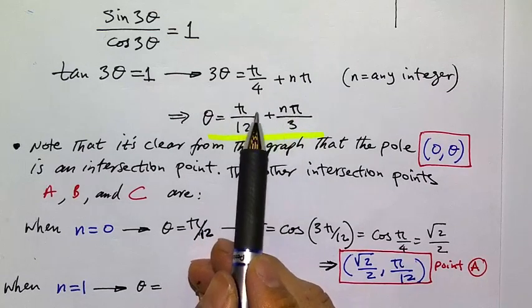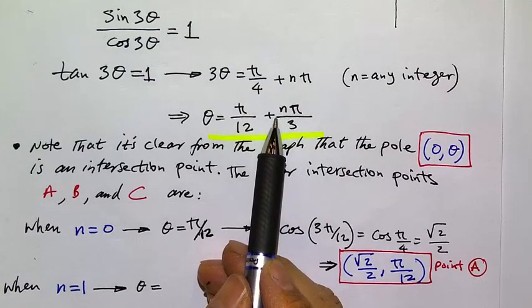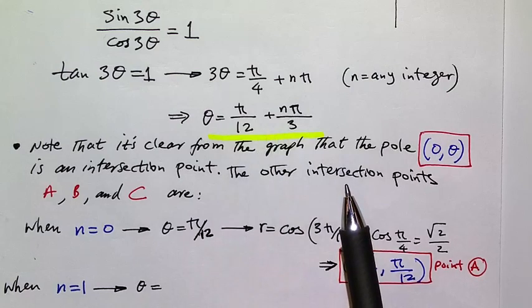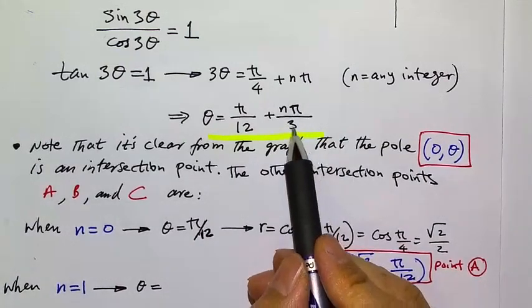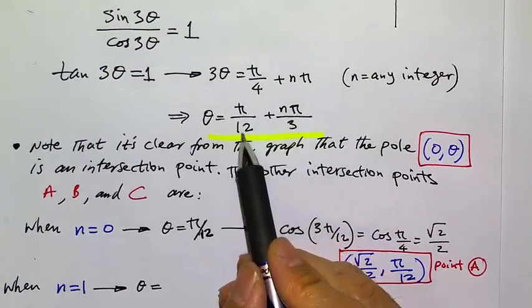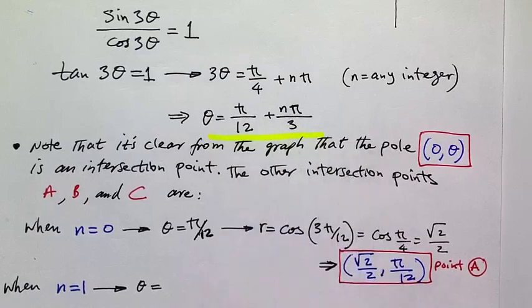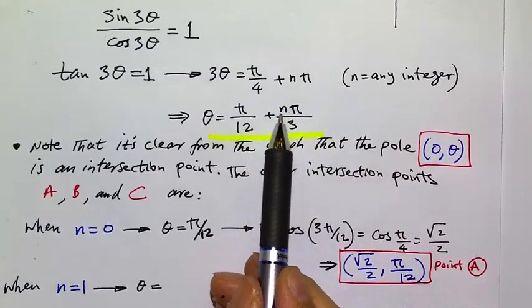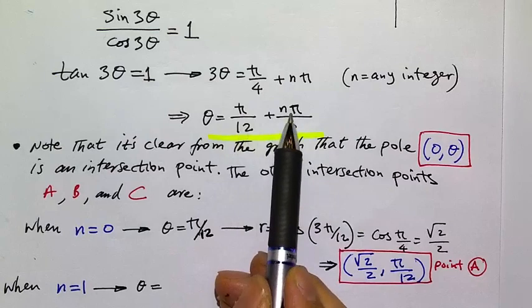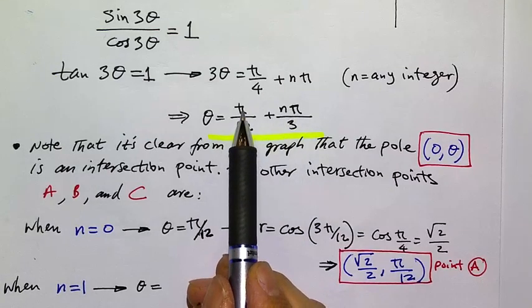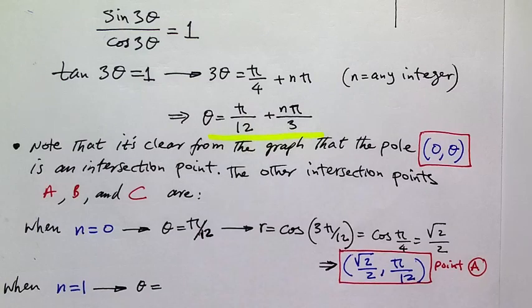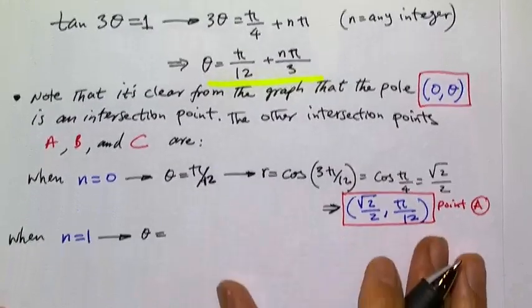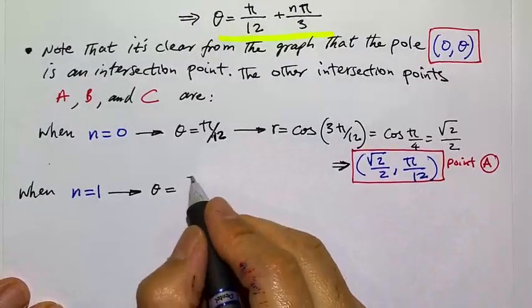So we get 5 pi over 12. Right? So let's see what we get. 1 pi over 3, and that's 4 pi, and plus 1, so 5 pi over 12. I don't know why that took me so long, but that's 5 pi over 12.